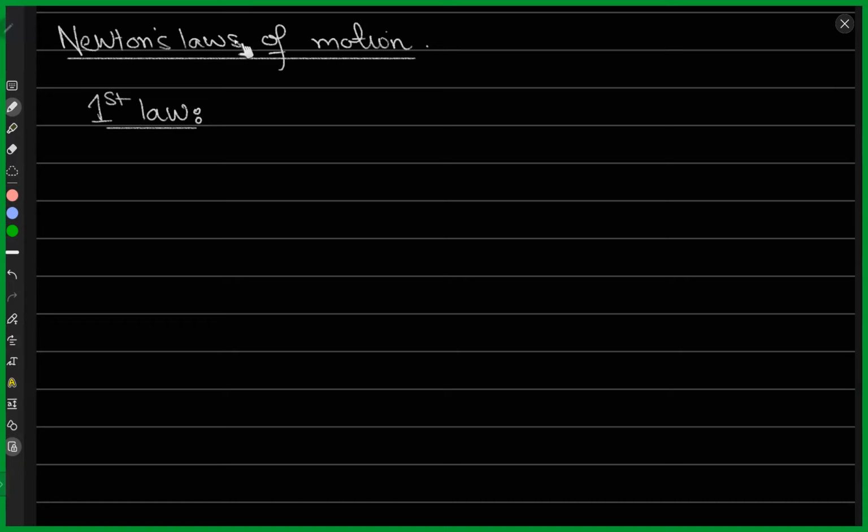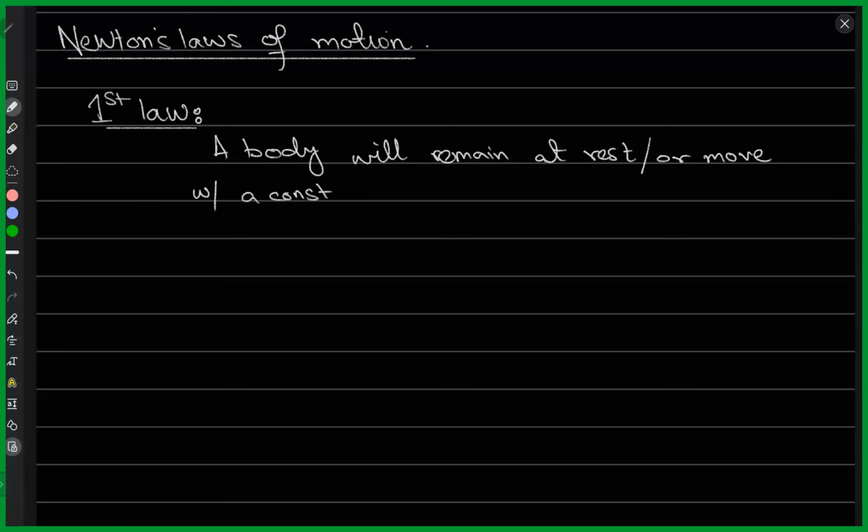So the first law really states that a body will remain at rest, or it will keep moving with a constant velocity, unless some net force acts on it, or you can say unless a resultant force acts on it.